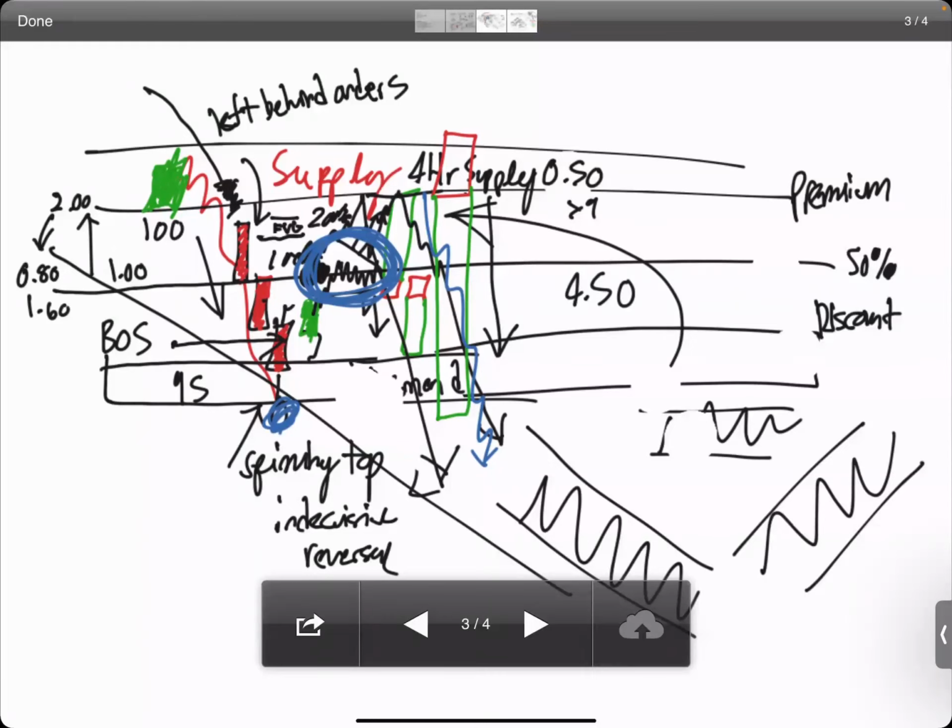In this case, we were modeling the Fed's event. So price went up into some 4-hour supply. Why? Because it was coming back to fill in some inefficiency left behind from those red candles. At that point, we can model a higher risk to reward to possibly put in a lower low.